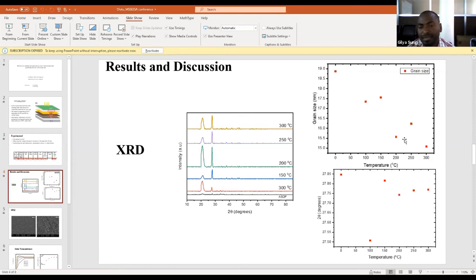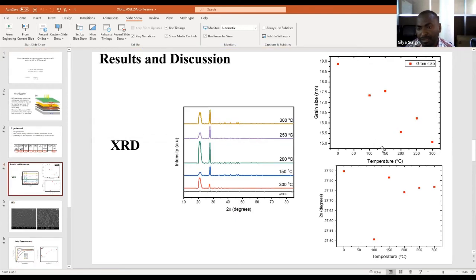This grain size was calculated using the Scherrer formula, and we saw that as the annealing temperature increases, the grain size also generally decreases. But we also saw that there was a shifting of the intensity peaks with increasing temperature.